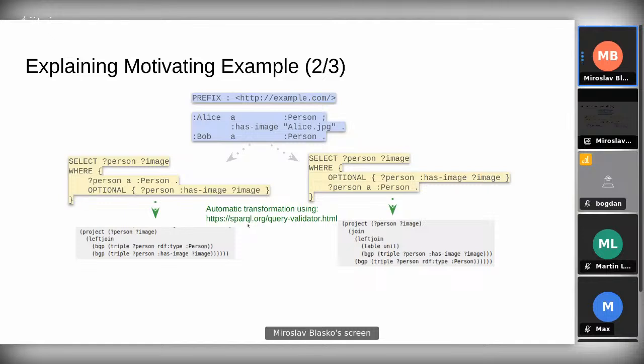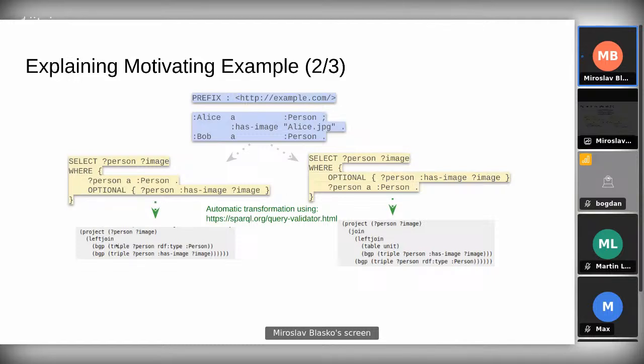What we'll do is an automatic translation. I will show it later online using a website. When we translate this, we start with this basic pattern, then we add it here and put it into a left join.